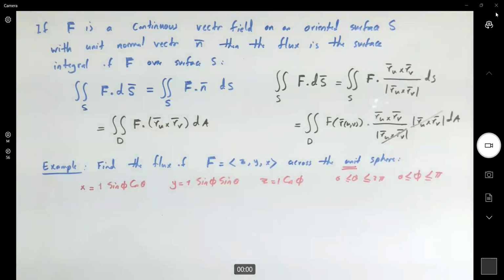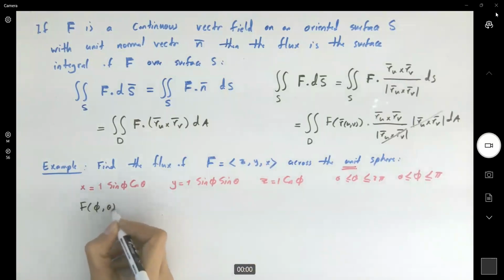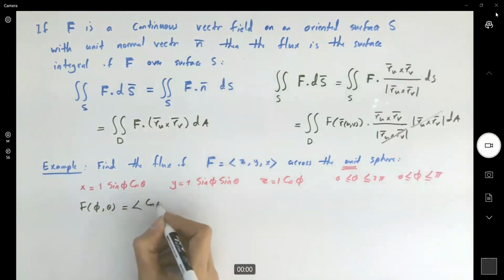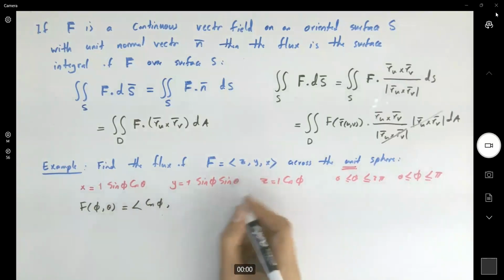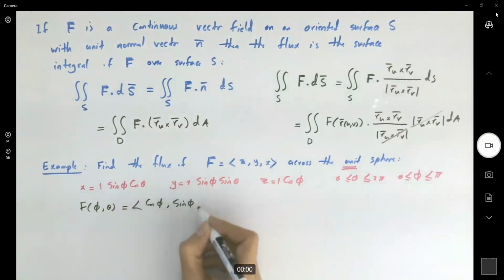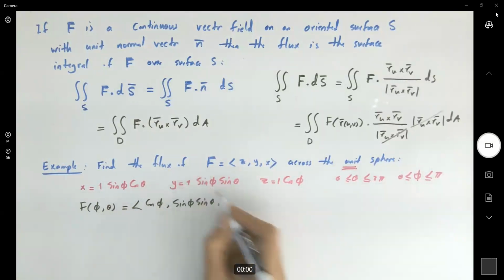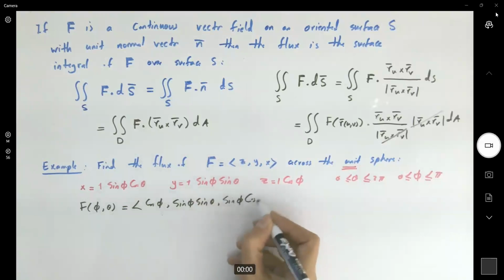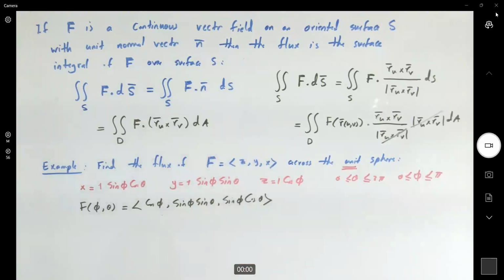So if you substitute phi and theta into the function, your function becomes F of phi and theta is equal to, your z becomes cosine phi, your y becomes sine phi sine theta, and your x is sine phi cosine theta.